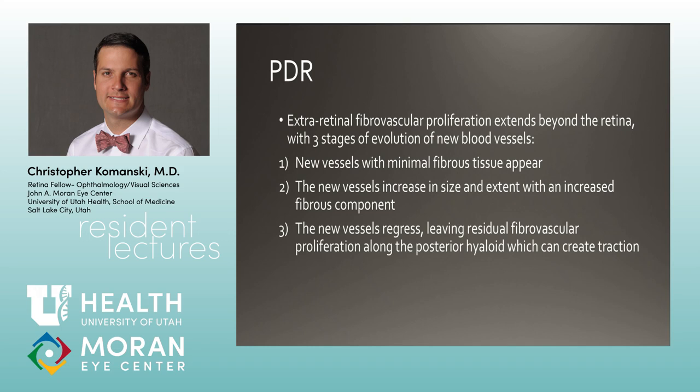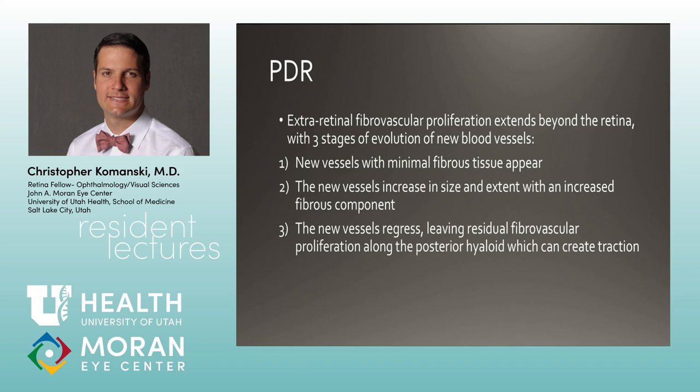So what is proliferative diabetic retinopathy? It's extraretinal fibrovascular proliferation that extends beyond the retina, so beyond the ILM, with 3 stages of evolution. First, in its earliest form, you can see new blood vessels forming with minimal fibrous tissue.